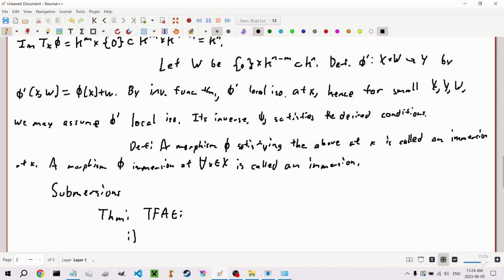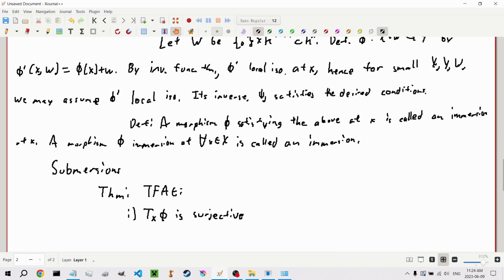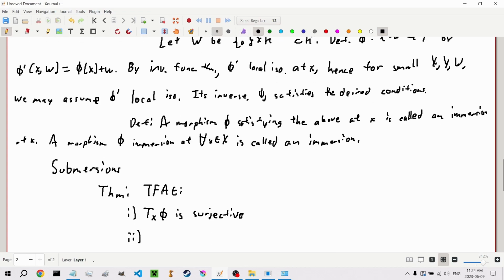First one is that the tangent map at x of phi is surjective, and you can probably see where this is going from here. These are going to be our equivalent conditions for being a submersion, I guess would be the better way to say it.